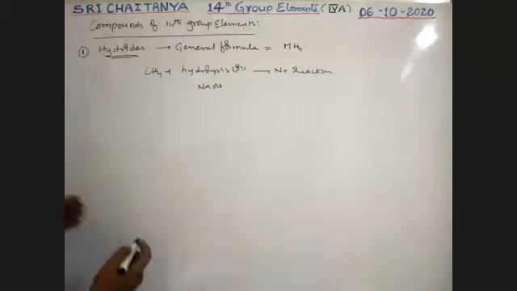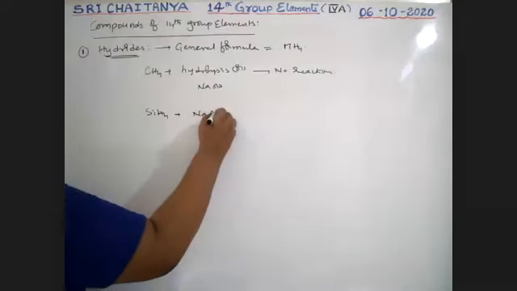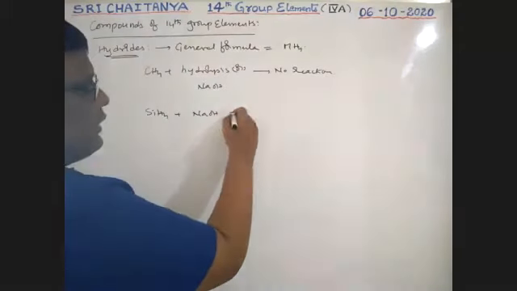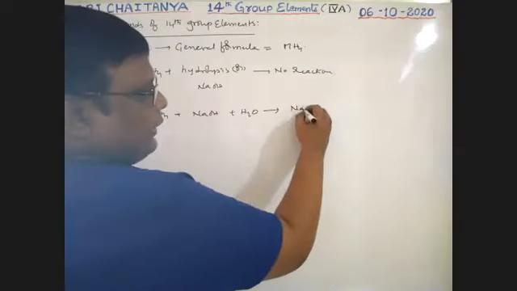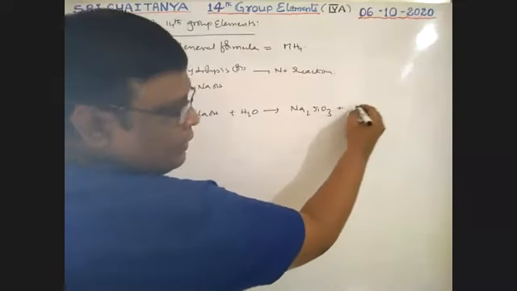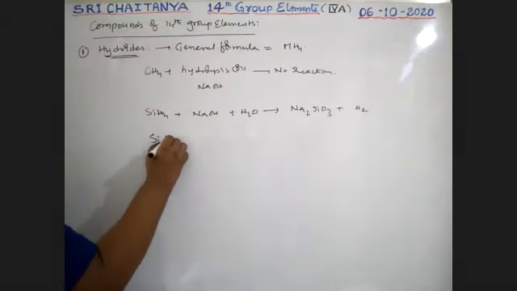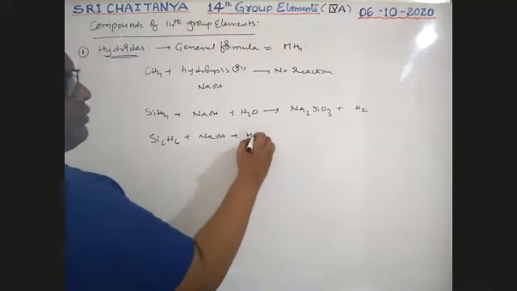SiH4, when it reacts with NaOH in aqueous conditions, gives Na2SiO3 plus hydrogen gas is evolved. Similarly, Si2H6 also reacts with NaOH with water.